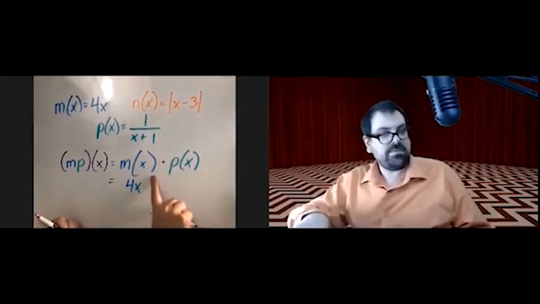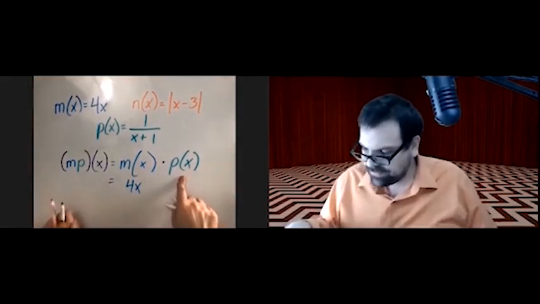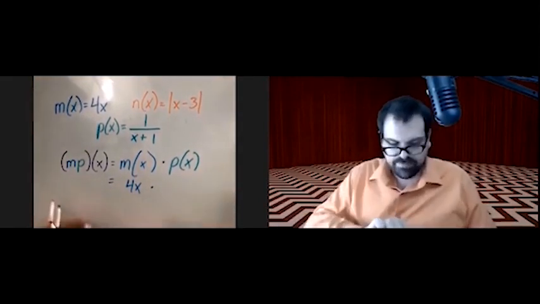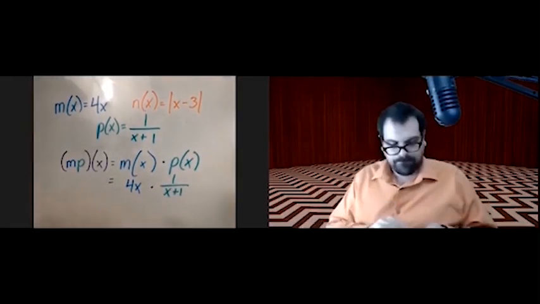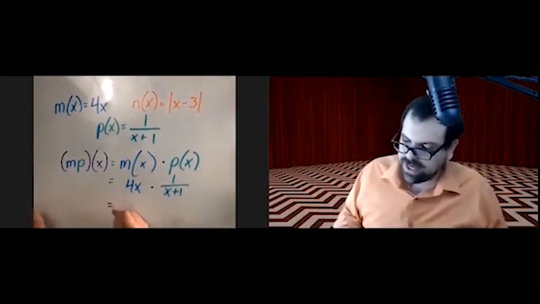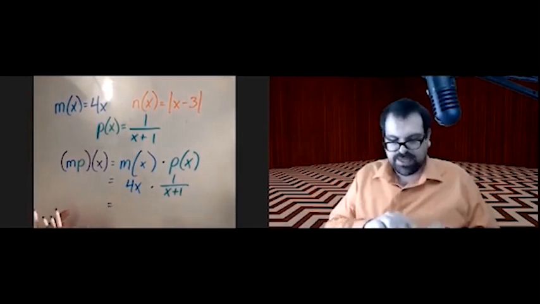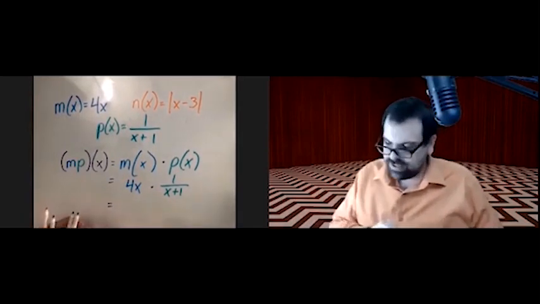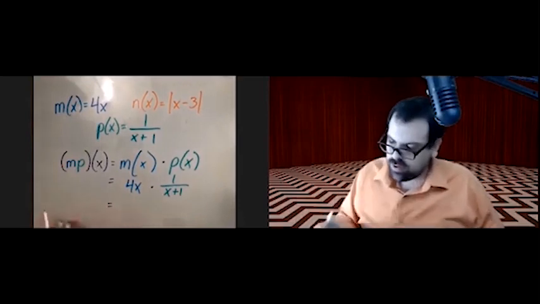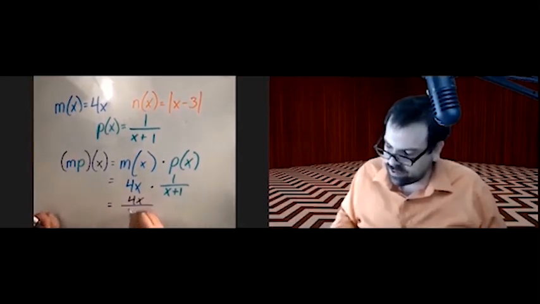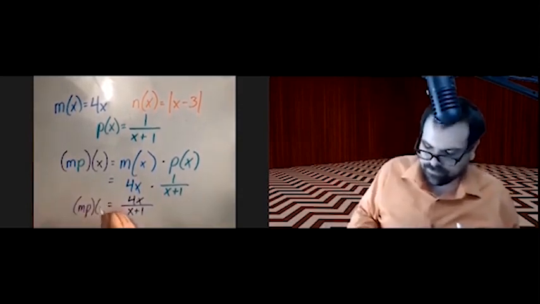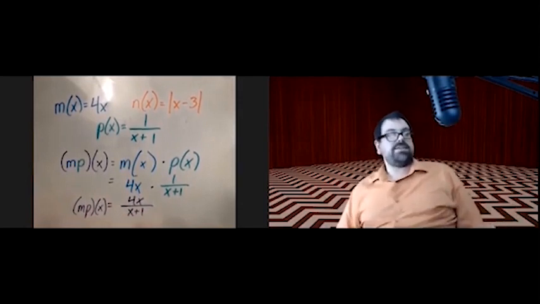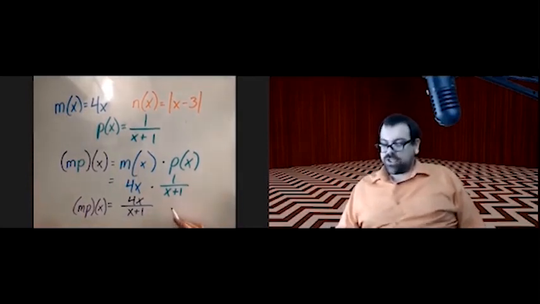So that's 4x times 1 over x plus 1. Multiplying something by a fraction just multiplies it by the top. This is 4x over x plus 1. MP of x equals 4x over x plus 1, because that's 4x times this fraction.